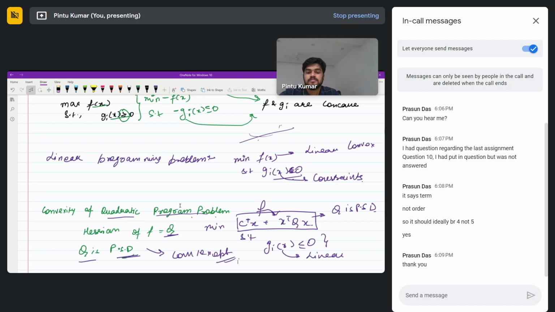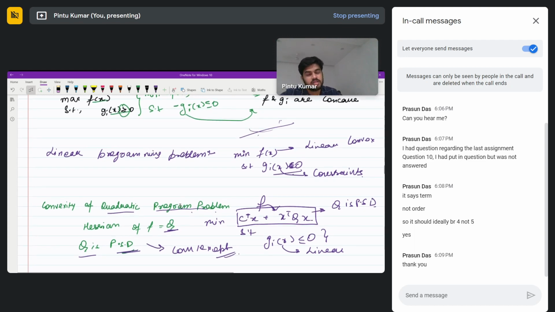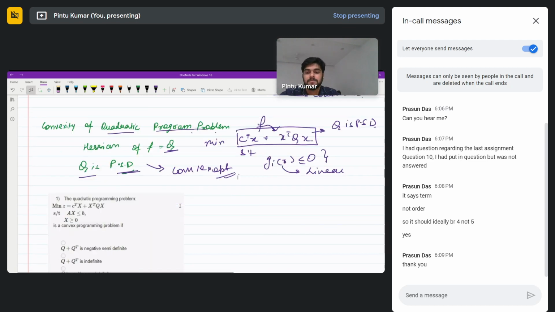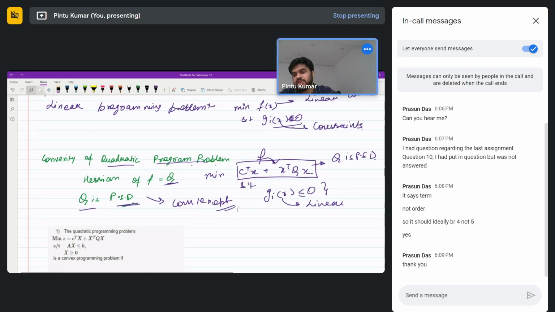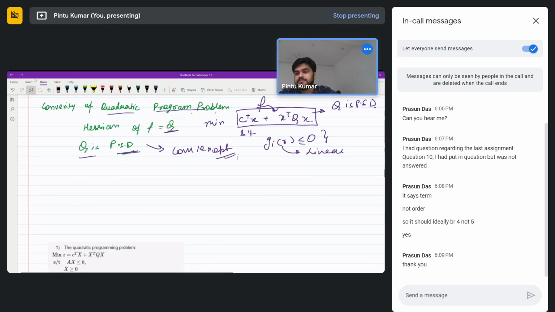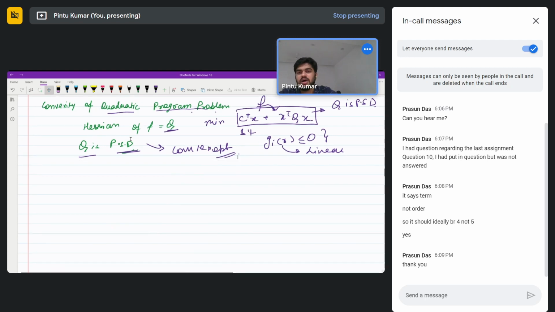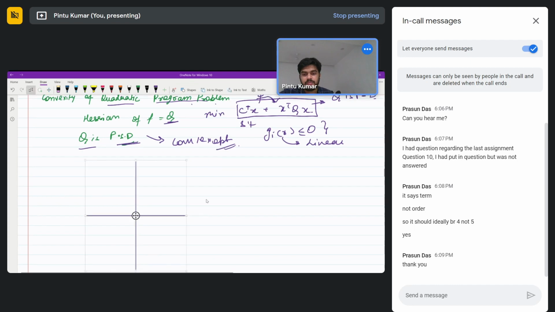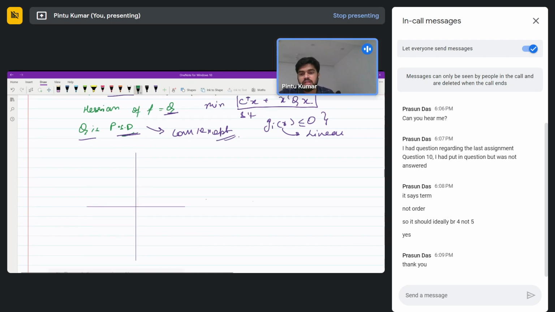Sir, all linear programming problems are convex. Yes. Because if you remember what we talked about when we discussed any convex function. What did we say? That if this is my function and I join any 2 points on the curve, then this line should lie above my curve.